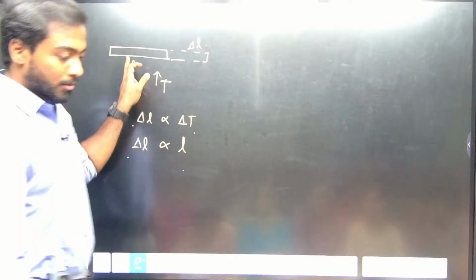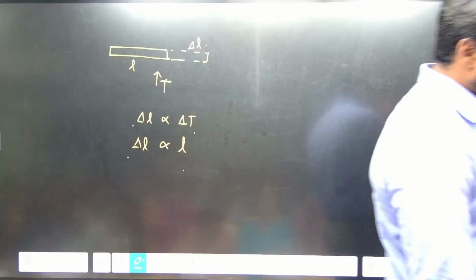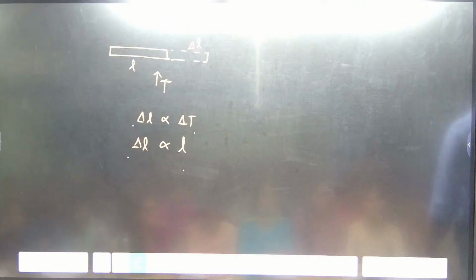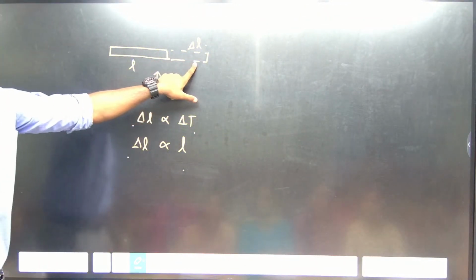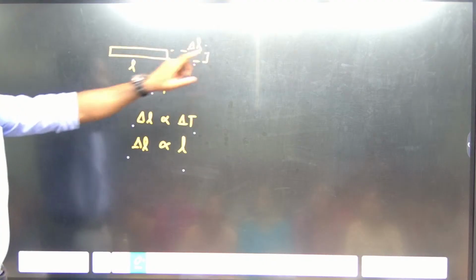Any doubt here? I'll explain one more time. I have taken a rod of length L. We are talking about linear expansion. It is one dimensional expansion, no? So if I increase the temperature, what happens? Expansion increases, right? So expansion is directly proportional to temperature.